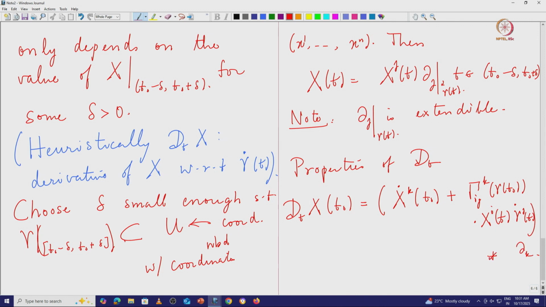So I am going to call this formula star. So the point is that the properties of Dt ensure that this is uniquely determined by this formula. Okay, so this proves that any such operator must be unique.